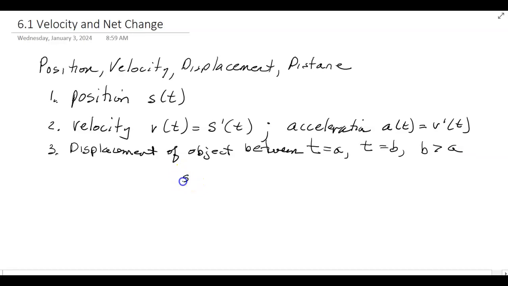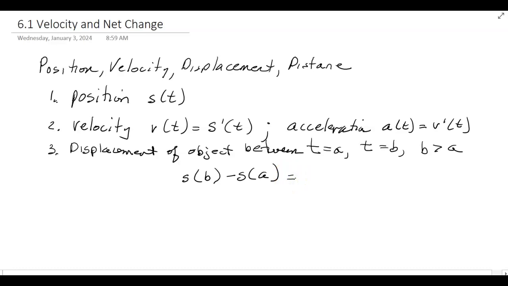So your displacement is simply the position you end up with at b minus the position you started at a. And it doesn't matter where it went in between. So displacement is different from total distance traveled. Remember that. We'll look at that in the next one.